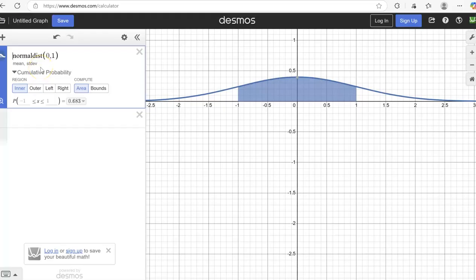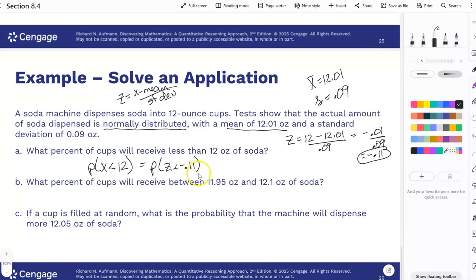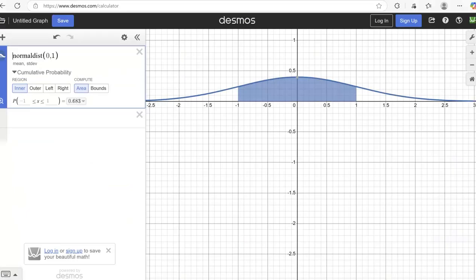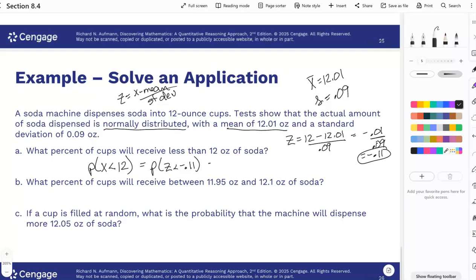We want to know the probability that we were less than negative 0.11. So less than is going to be the left-hand side. And then negative 0.11. There's our probability, 0.456. So we would expect 45.6% of cups to get less than 12 ounces of soda.